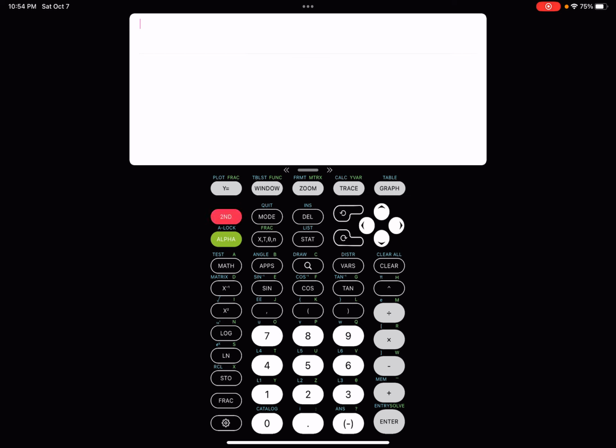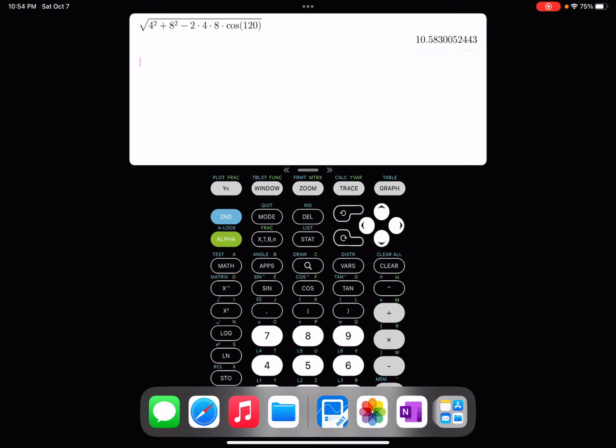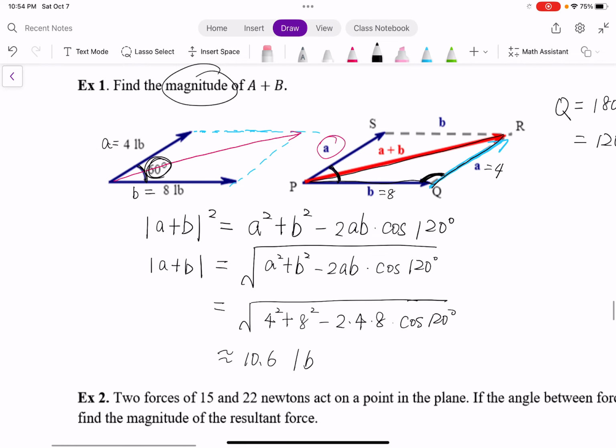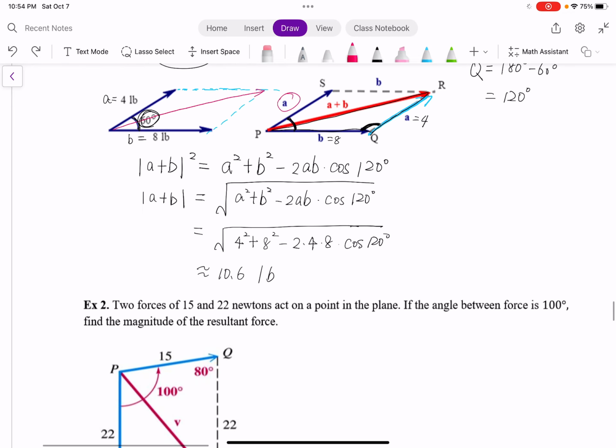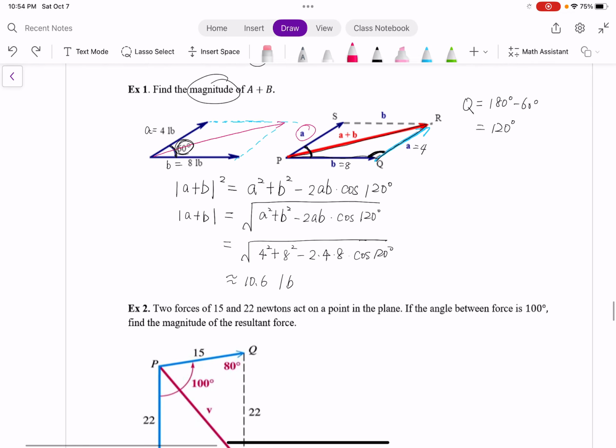Make sure your calculator is in degree mode. So it's 10.5830. If the question says round to 1 decimal place, I'm having 10.6 pounds, because the unit here is pounds, so we cannot change the unit. So this is the magnitude of A plus B. We also call this the magnitude of the resultant A plus B.